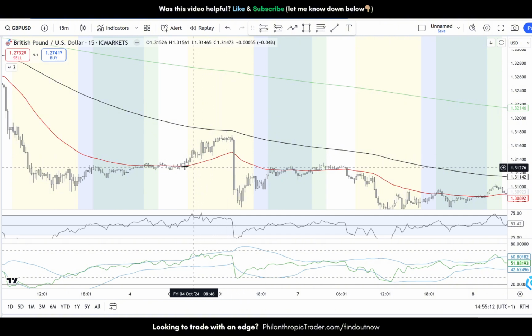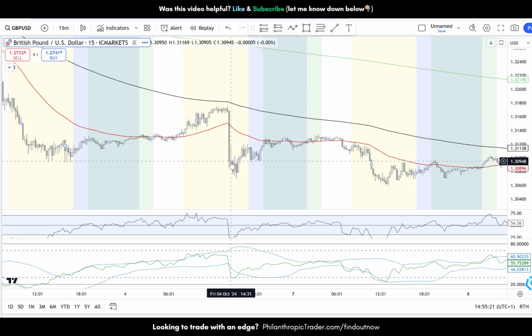So what you can do, you can wait for the pullback over here, and then once we see a big candle, well, this was a little bit too big, because if you entered at the close of the candle, you would make some profit, but it's not a lot, and not the best risk reward ratio as well.